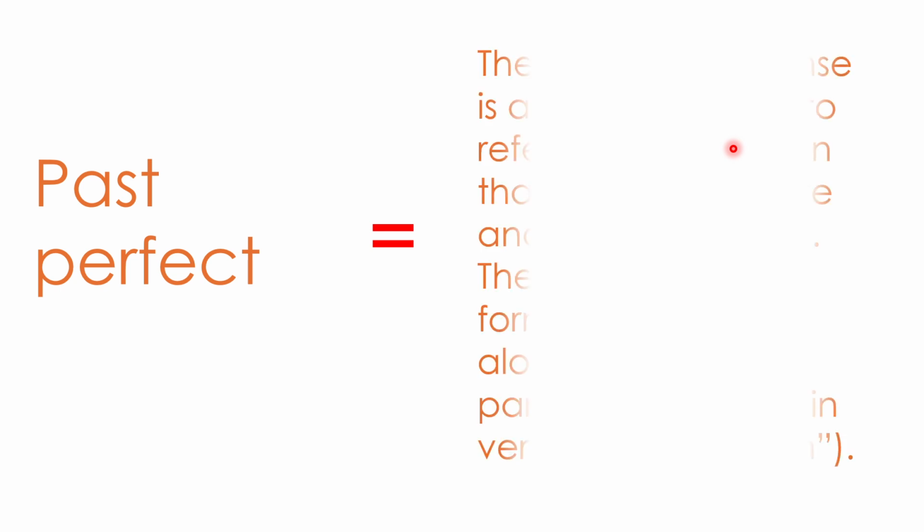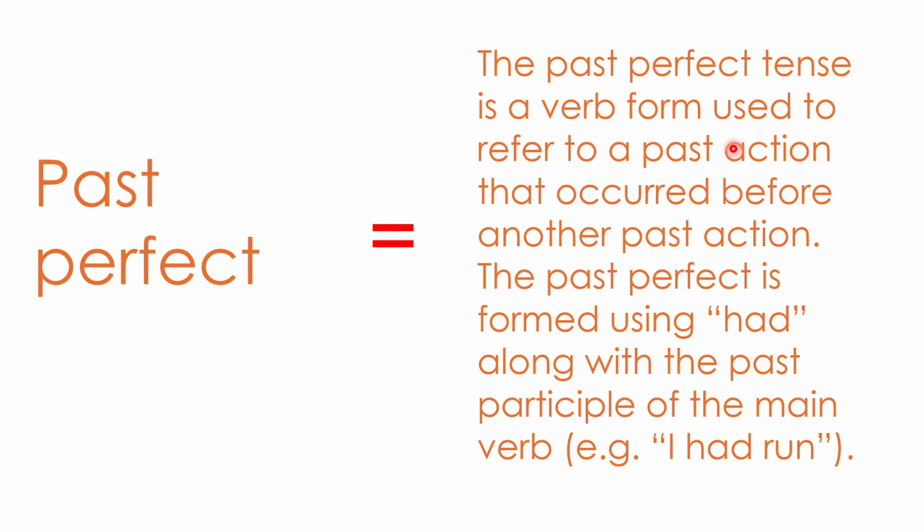Okay, so this is our second tense, past perfect. Now let's see what this tense means. So, the past perfect tense is a verb form used to refer to a past action that occurred before another past action.